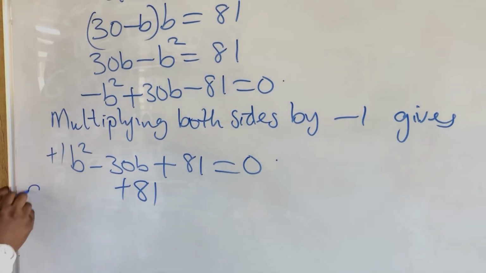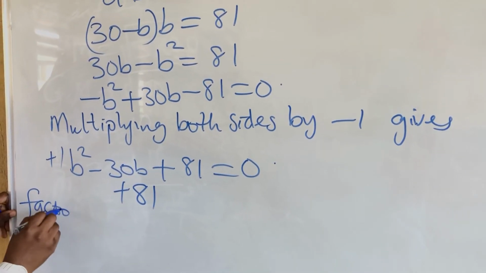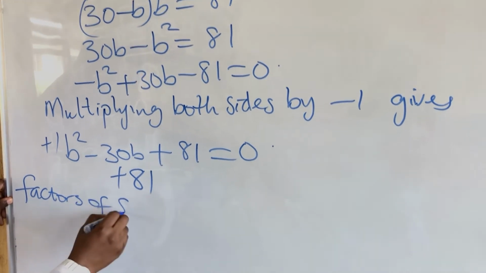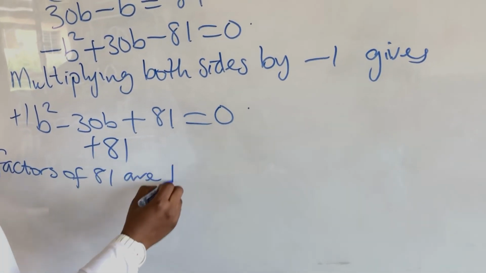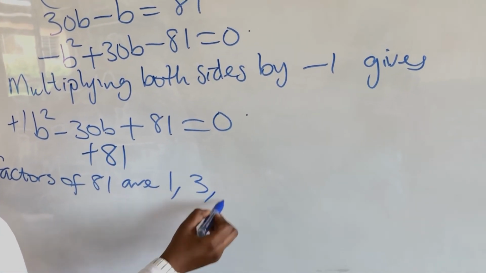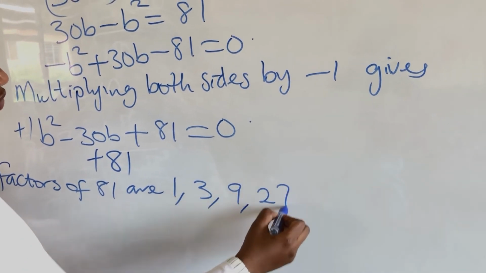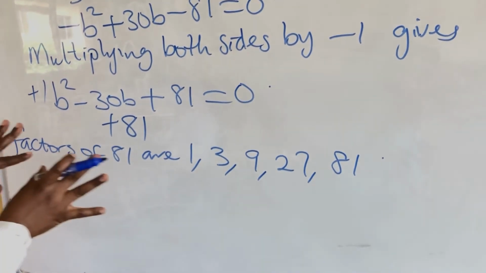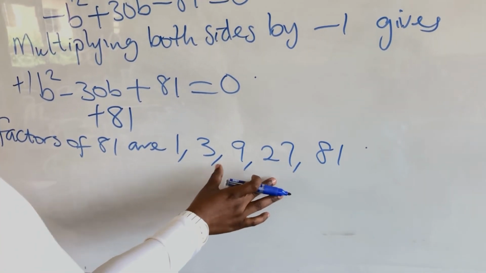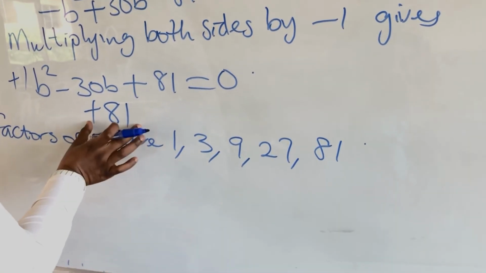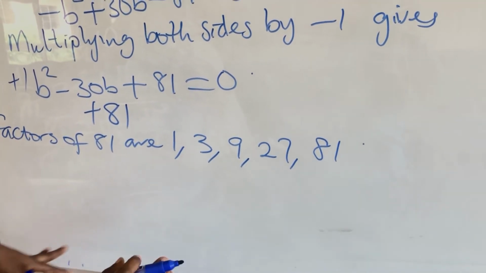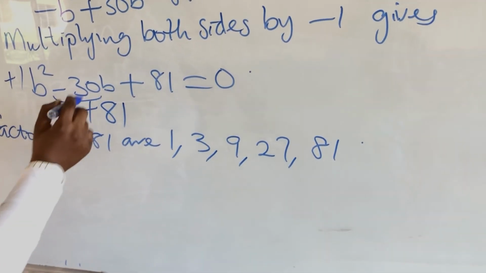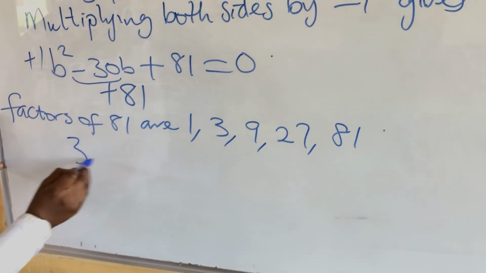So factors of 81 are 1, 3, 9, 27, and 81. So two factors of 81 that if you multiply them together, it's going to give you plus 81. And if you add, it's going to give you minus 30: 3 and 27.